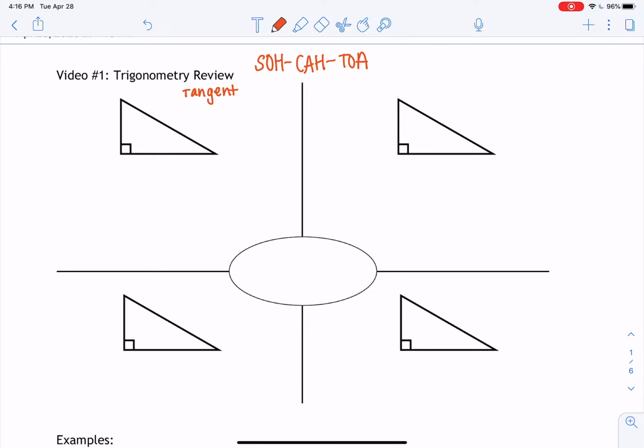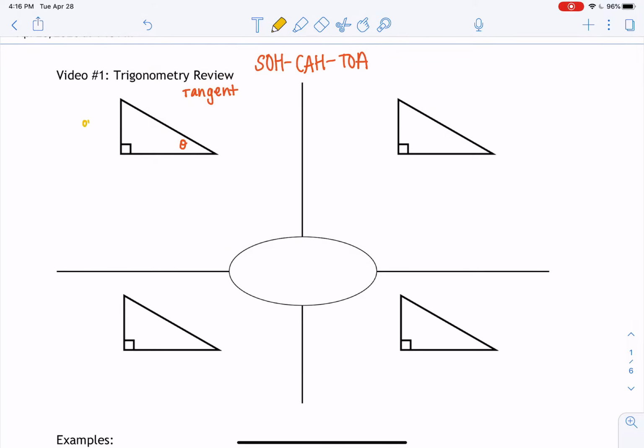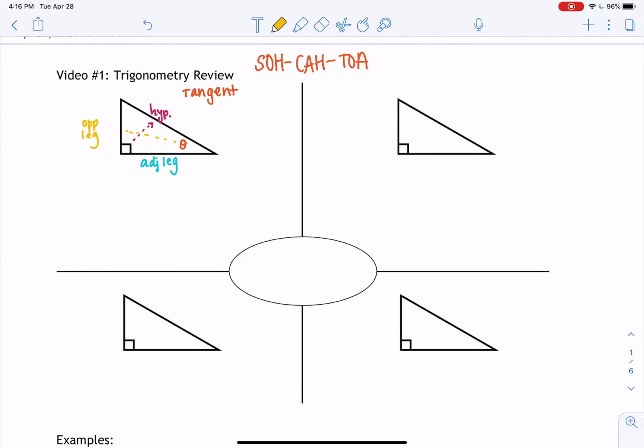So we have an angle theta, for example, and in relationship to theta, we have the opposite leg, the adjacent leg, and we always have the hypotenuse. The hypotenuse is across from the 90-degree angle. The opposite leg is across from theta, the angle, and the adjacent leg is next to it.